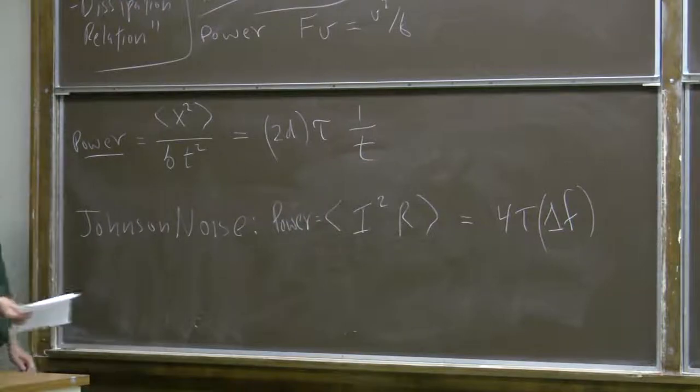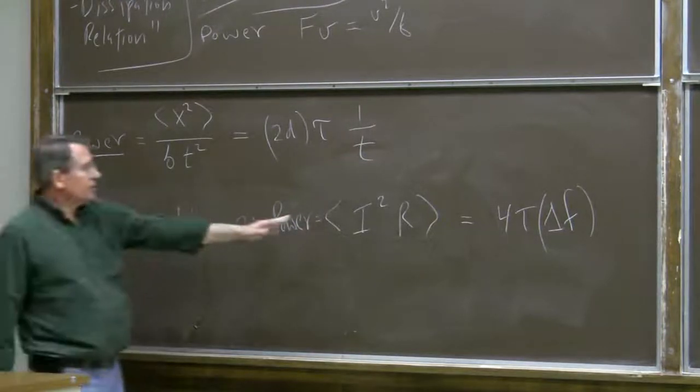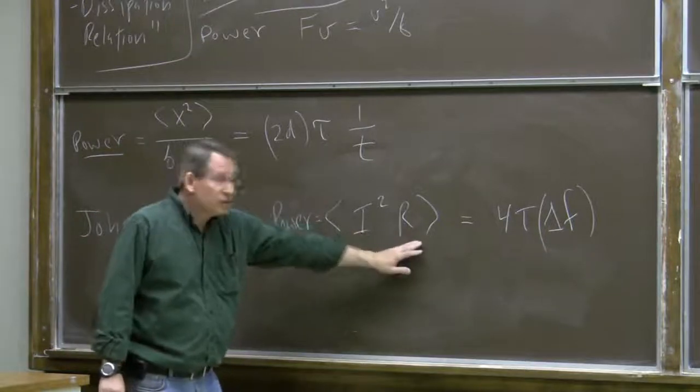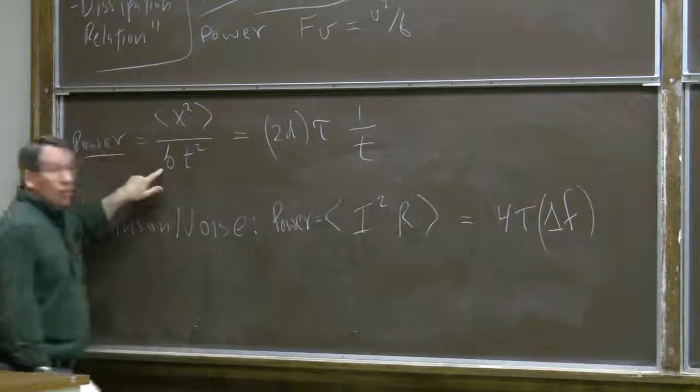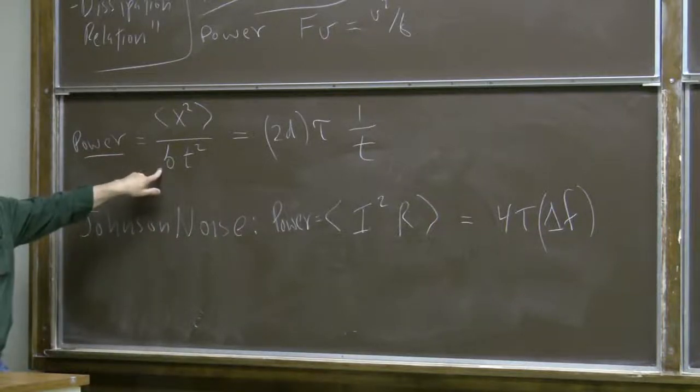So in both cases, the temperature controls the scale of the fluctuations. There's something that measures dissipation. Here it's R, the resistance in the circuit. Here it's 1 over B. 1 over B is a measure of the dissipation for the particle moving through the fluid.